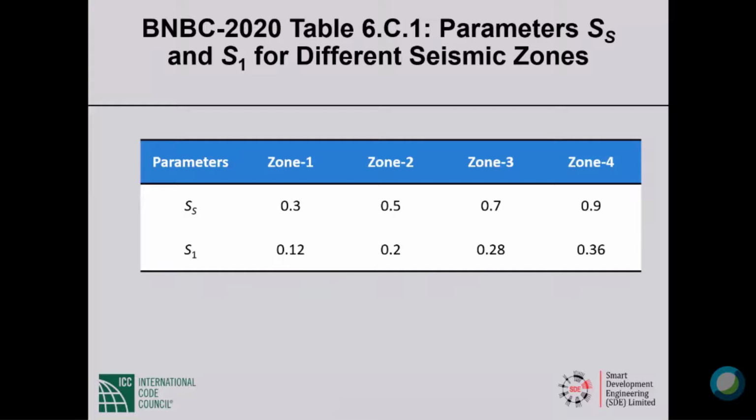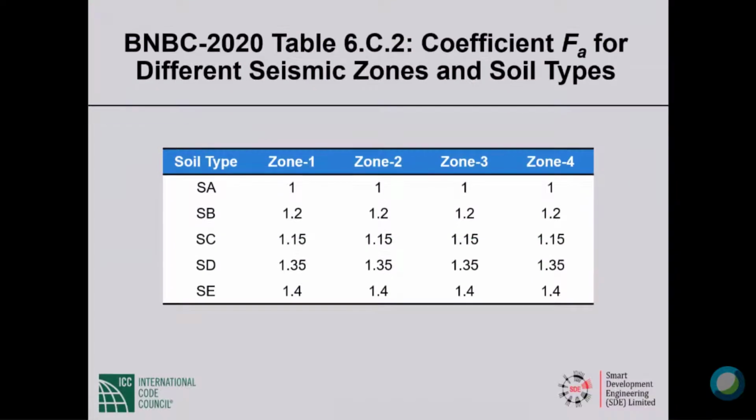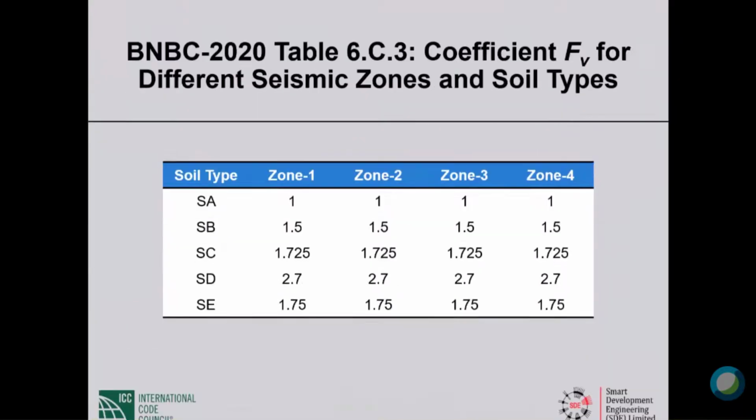So appendix C of BNBC 2020 simply consists of height tables, and this I have included here just so that you see that if you follow appendix C, it is a pretty clear-cut path. So this is S sub S, S sub 1. I have mentioned S sub 1 is 40% of S sub S. This is the F sub A table. This is the F sub B table. This is S sub DS, S sub D1. That's your appendix C.